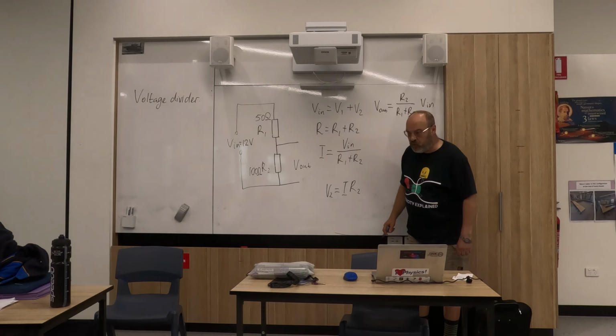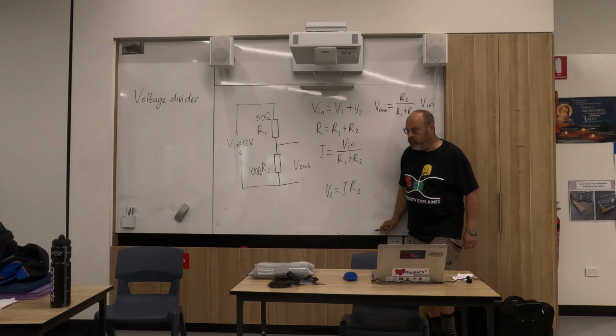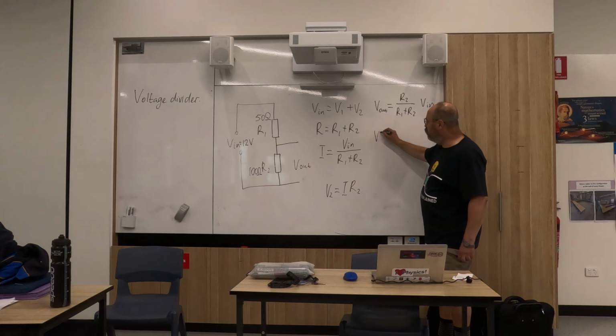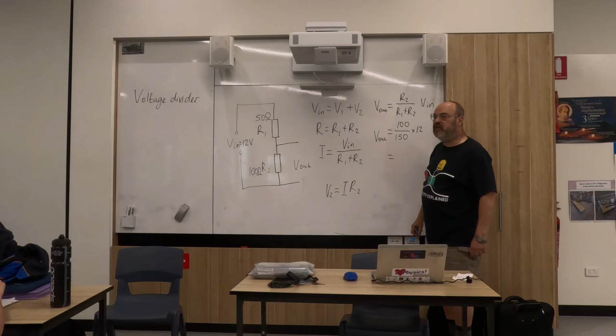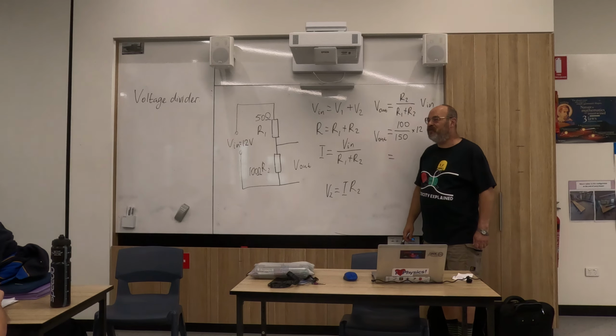So let's calculate what the voltage out will be in this case. Voltage out will be equal to 100 divided by 150 times 12. And what will it be equal to? Use mathematical arithmetic.